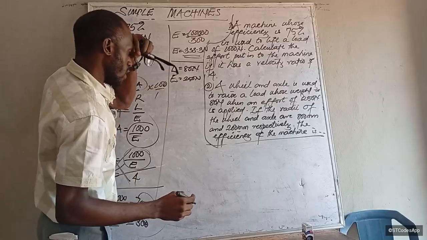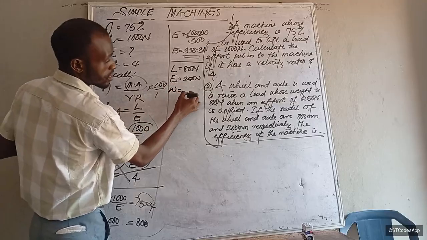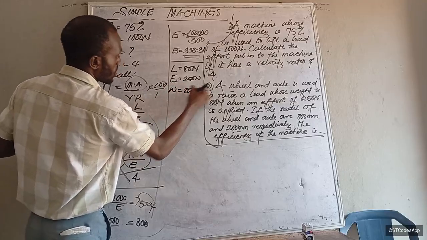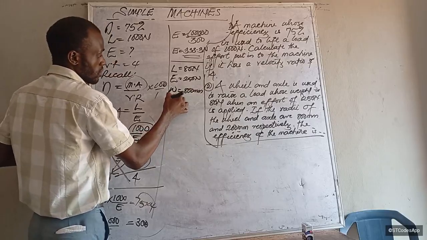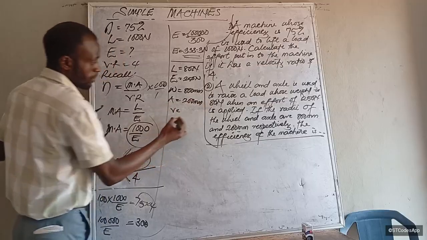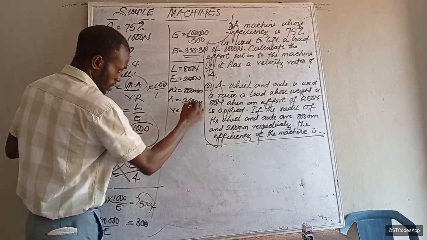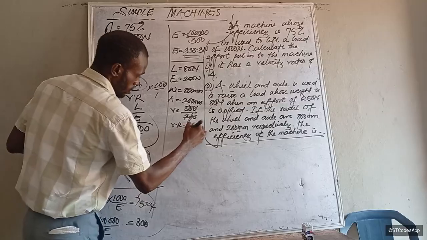If the radius of the wheel is 800 millimeters and the radius of the axle is 200 millimeters, what would be the velocity ratio? Radius of wheel, 800, over radius of axle, 200, gives us 4. So VR equals 4.